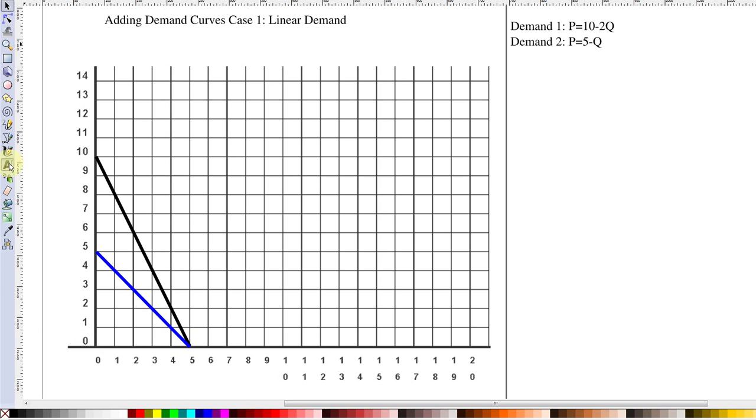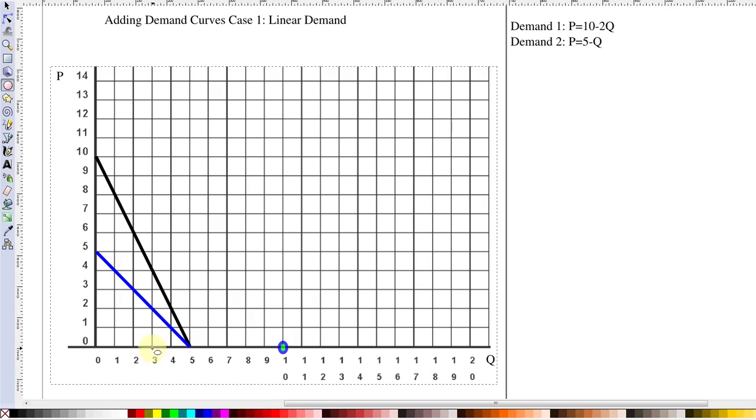Let me label these axes just to make sure it's clear, but we ought to be familiar with this. Let me move that Q up here. So at a price of 0, the total demand function has to give us a quantity of 10. Let me draw a little circle there for our first point.